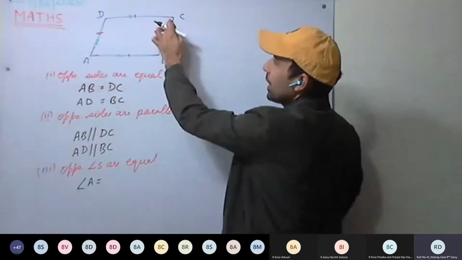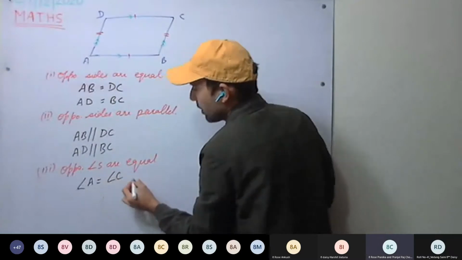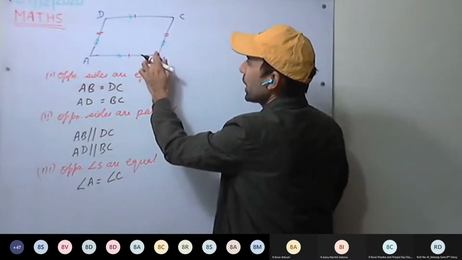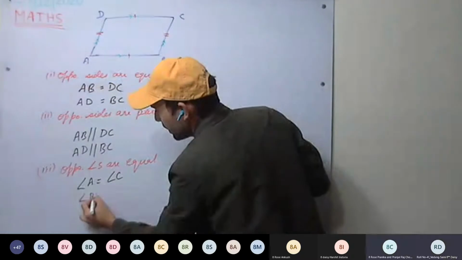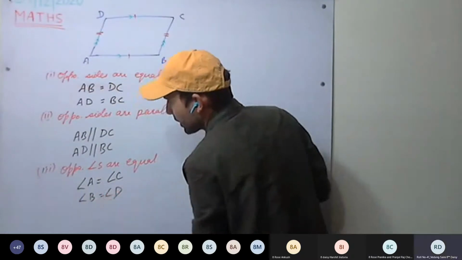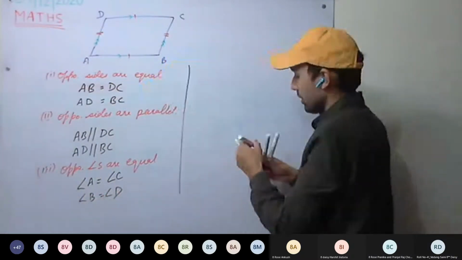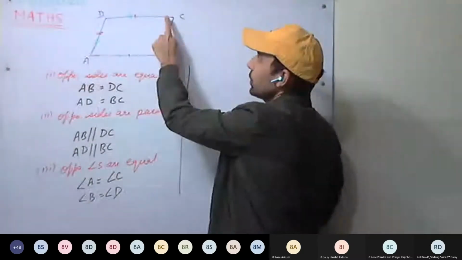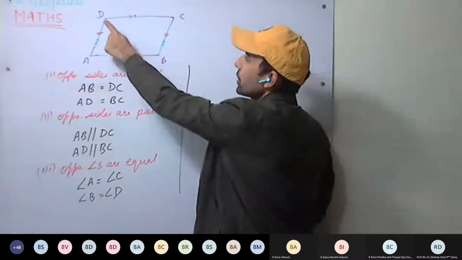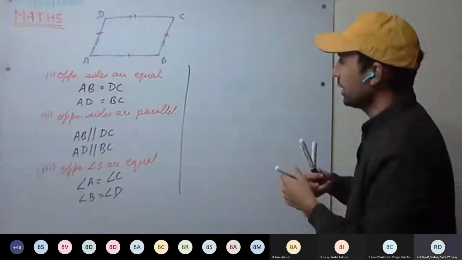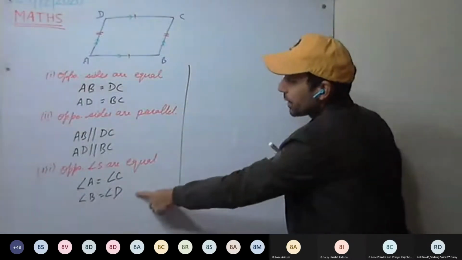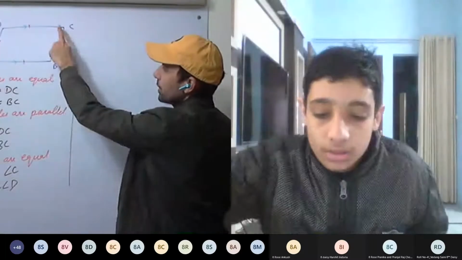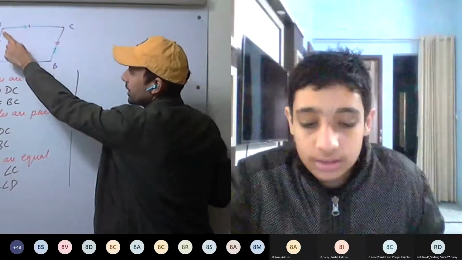Opposite to angle A is angle C. And opposite to angle B is angle D. So opposite angles are equal: angle A equals angle C, angle B equals angle D. Opposite to A is angle C, opposite to angle B is angle D.